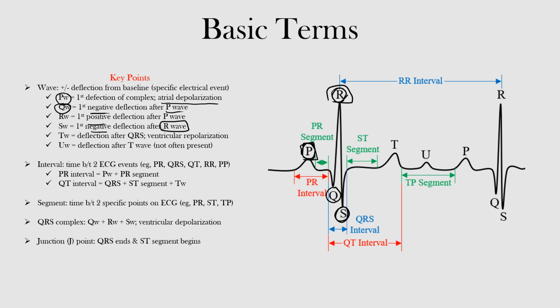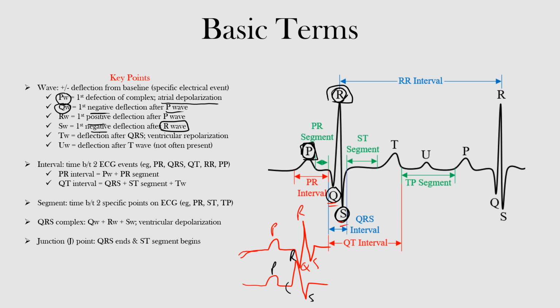Now I want you to take note of that because a lot of people will confuse, and especially I did this early on, the Q and the S. How do you differentiate them? If you had a complex that looked like this versus one that looked like this, the first complex has a P wave, a Q wave, an R wave, and an S wave, whereas the one below has a P wave, an R wave, and an S wave.